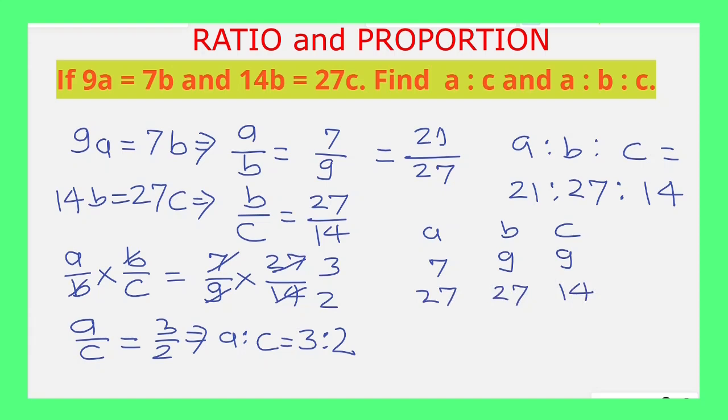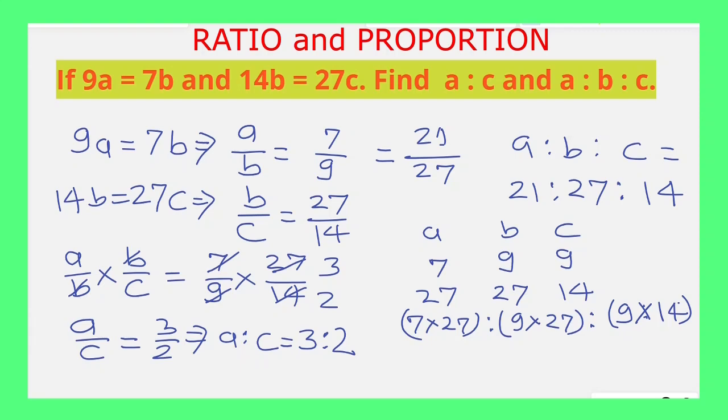Now if we multiply these, then what we get? 7 multiplied by 27 ratio 9 multiplied by 27, as the numbers below B are 9 and 27, ratio 9 multiplied by 14, which are the numbers below C, 9 and 14.